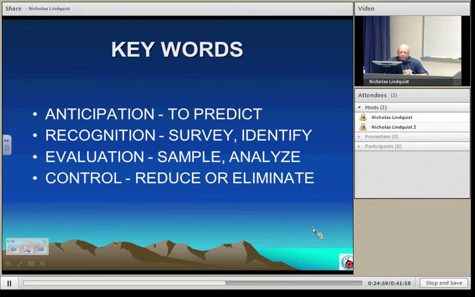Once the industrial hygienist conducts these surveys, they'll typically go into the evaluation mode, where we take instruments and sampling equipment out to test for the concentration of the potential hazards, be it chemical hazards, physical hazards, and so on. And then finally, the final key word in the definition is control. Once we've identified the problem, we've gone out, we've measured it, we've sampled for it, we've determined that it is present.